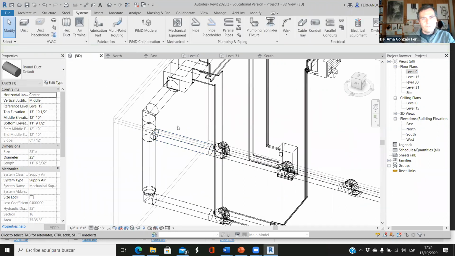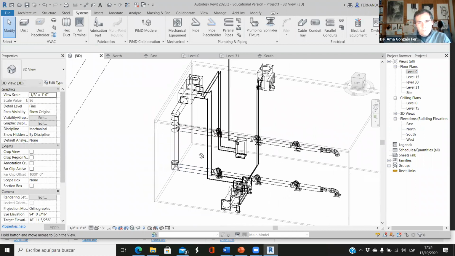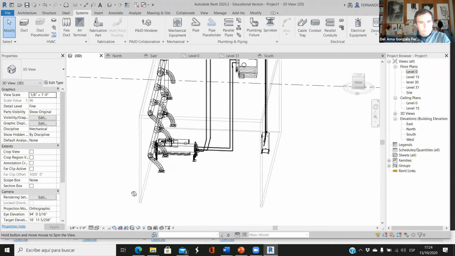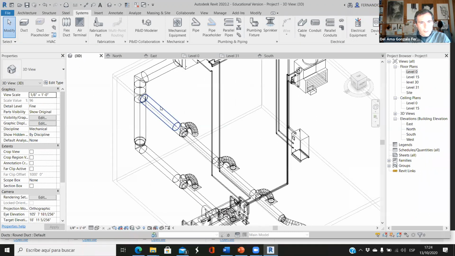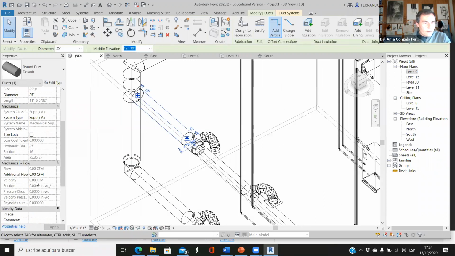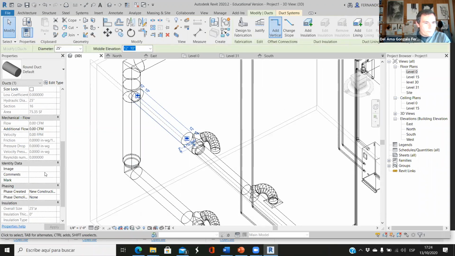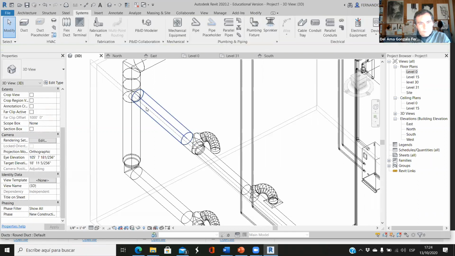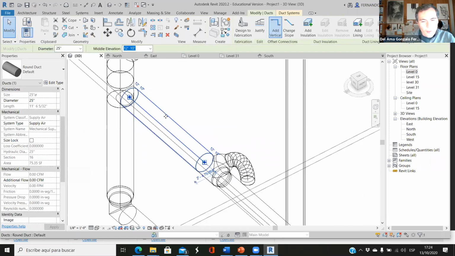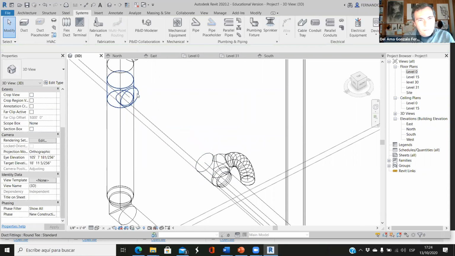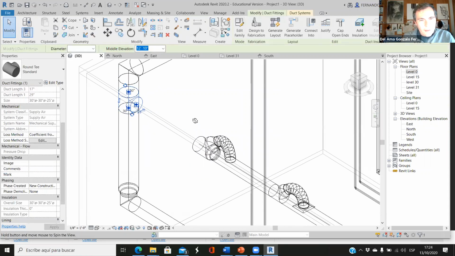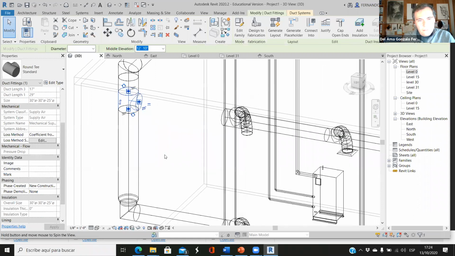Well, it works. Okay, so the flow here should be 0. Okay, so there's something wrong here. Probably this connection is not the right one.